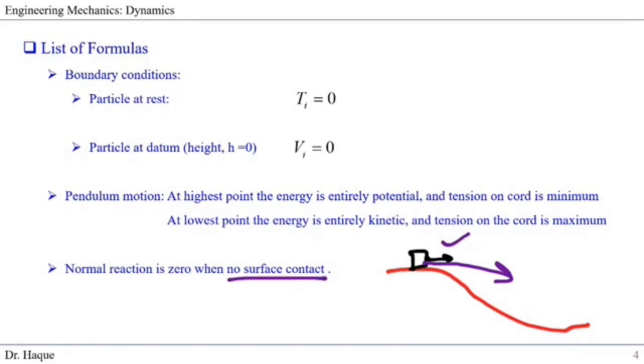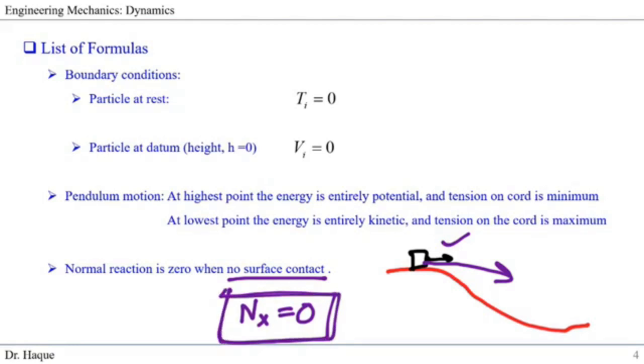At that point, whatever point it is, you have to assume that the normal reaction, N_x or N_A or N_B, equals 0. This concept will simplify your problem, or you may have to use it if there is a condition that says the car or the box will jump off the track, or it should not leave the track. In this kind of scenario, you can apply this concept.